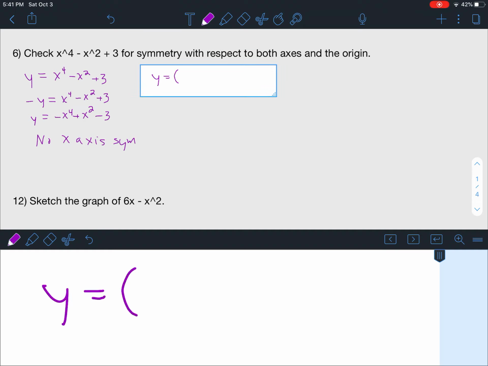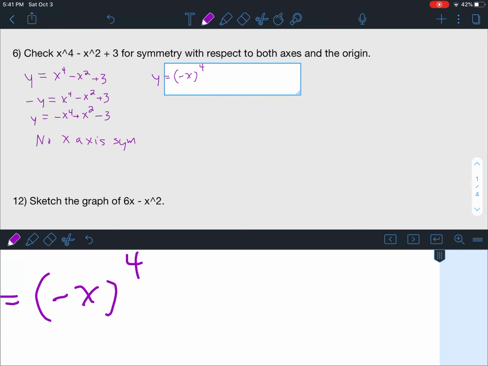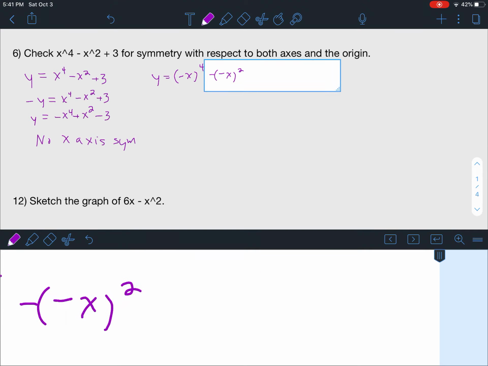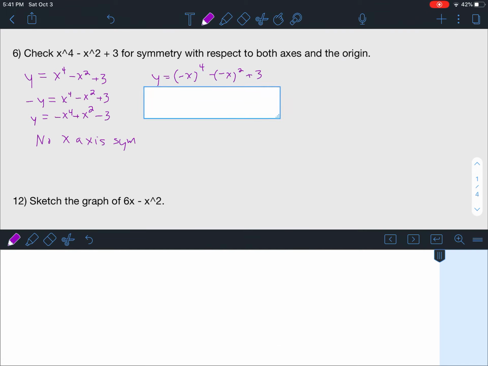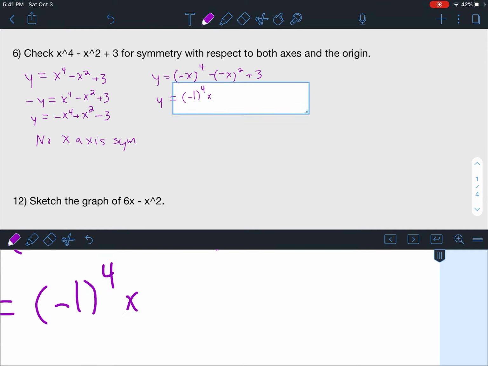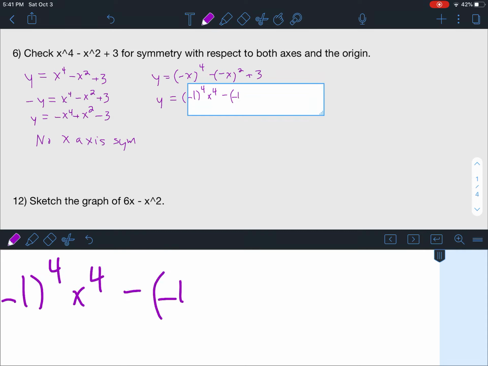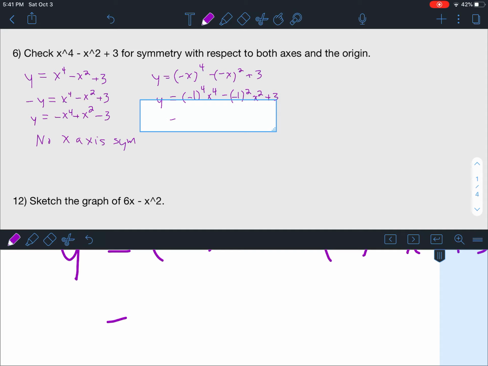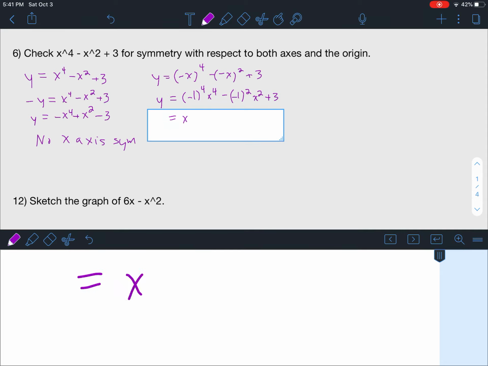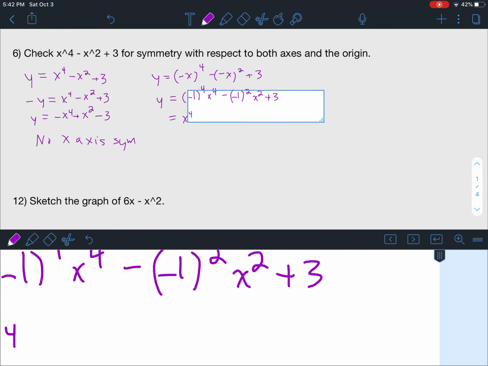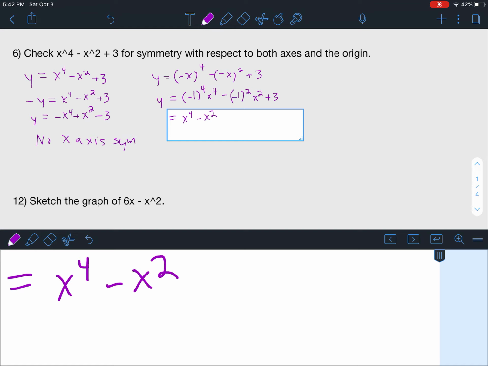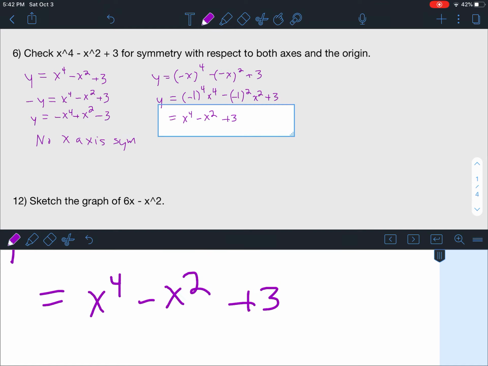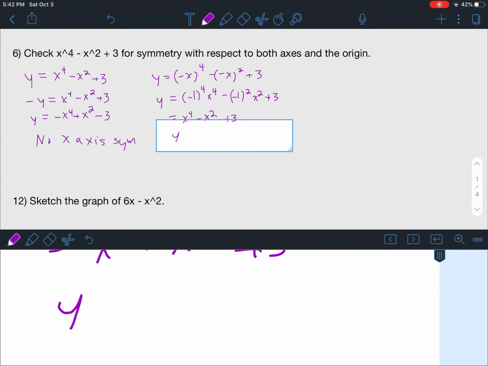So it would be y equals negative x to the 4th minus negative x squared, and make sure you put the replacement in parentheses, plus 3, which simplifies to negative 1 to the 4th times x to the 4th minus negative 1 squared times x squared plus 3, which is equal to 1 times x to the 4th, so x to the 4th, minus 1 times x squared, so x squared, plus 3, which is equal to the original expression, which means that there is y-axis symmetry.